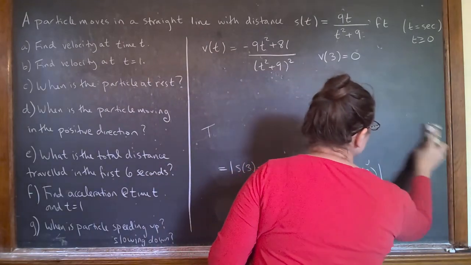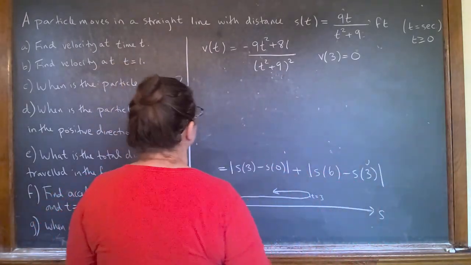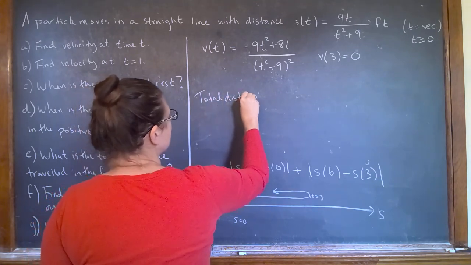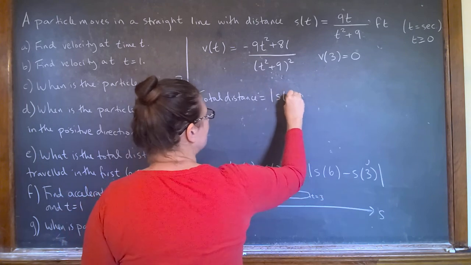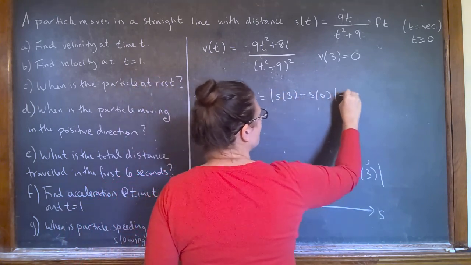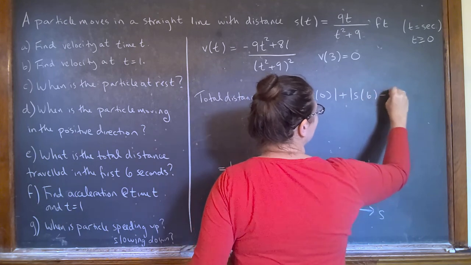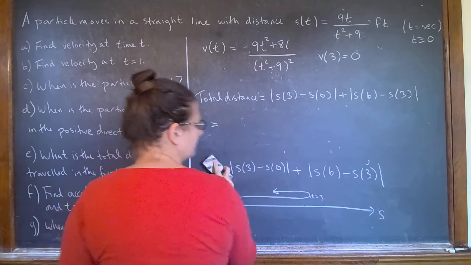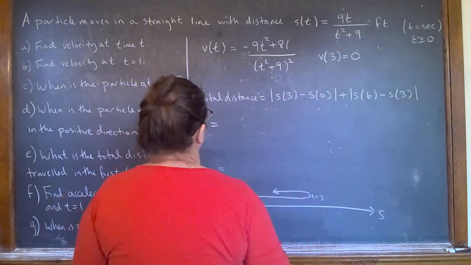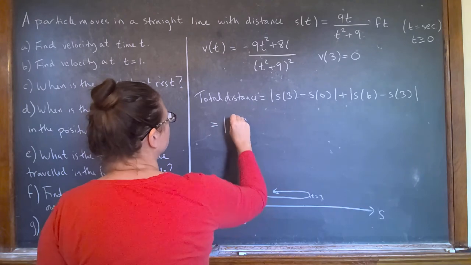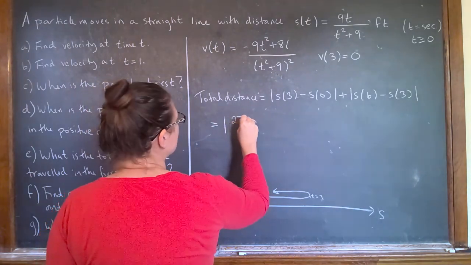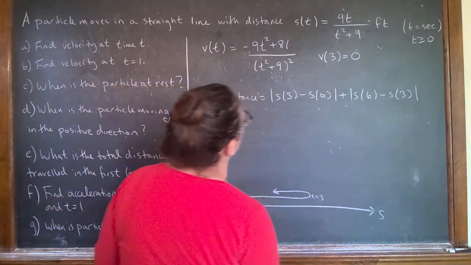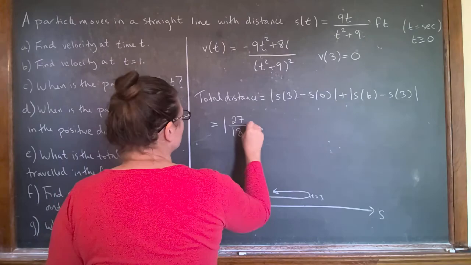So, total distance, which was s of 3 minus s of 0 plus s of 6 minus s of 3. So s of 3 is 27 over 18, minus 0.